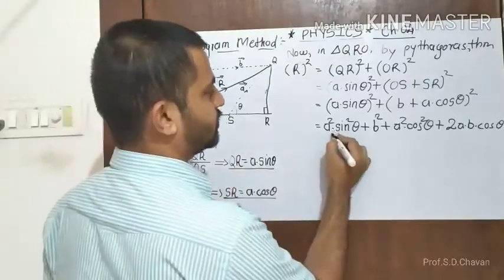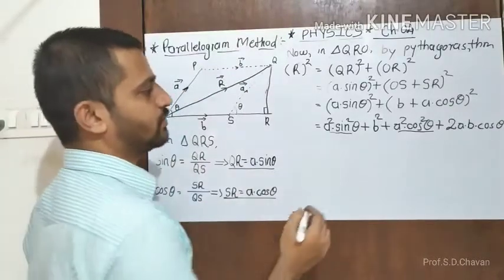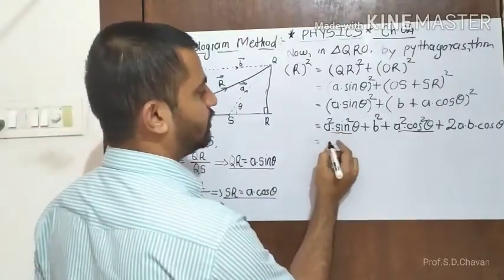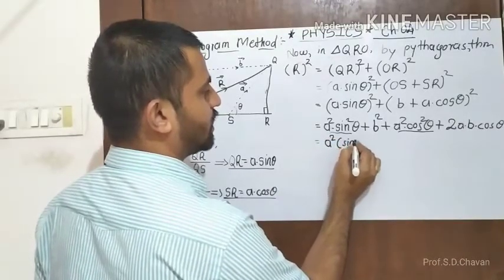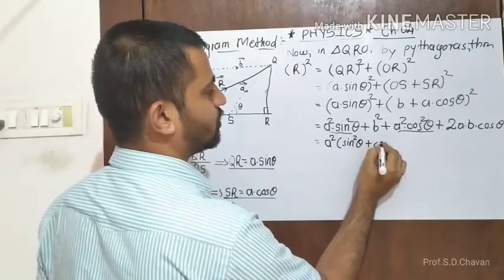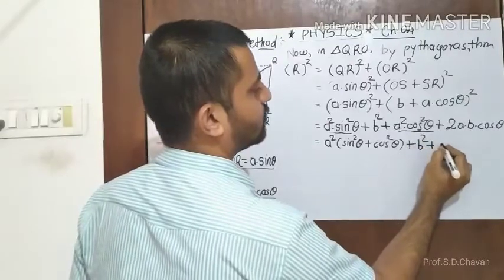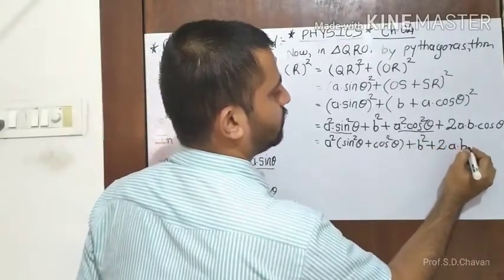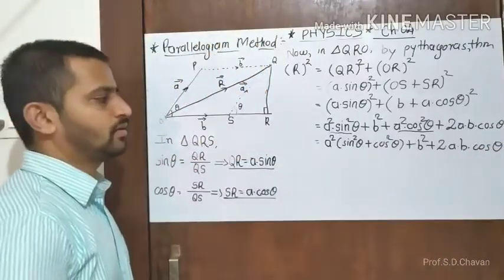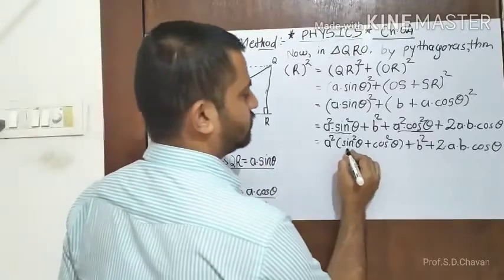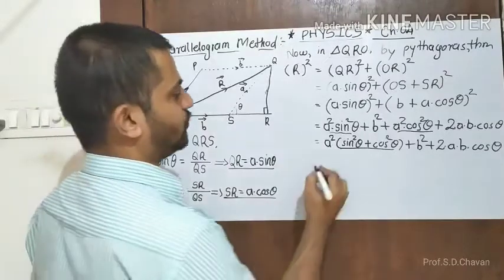If we take A square common, we get A square (sin square theta plus cos square theta) plus B square plus twice AB cos of theta. What is sin square plus cos square theta? It is nothing but equal to 1.